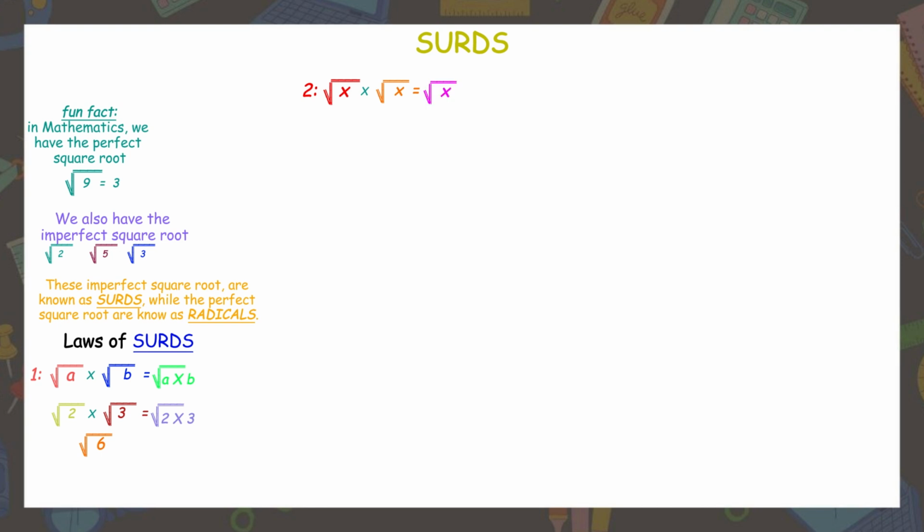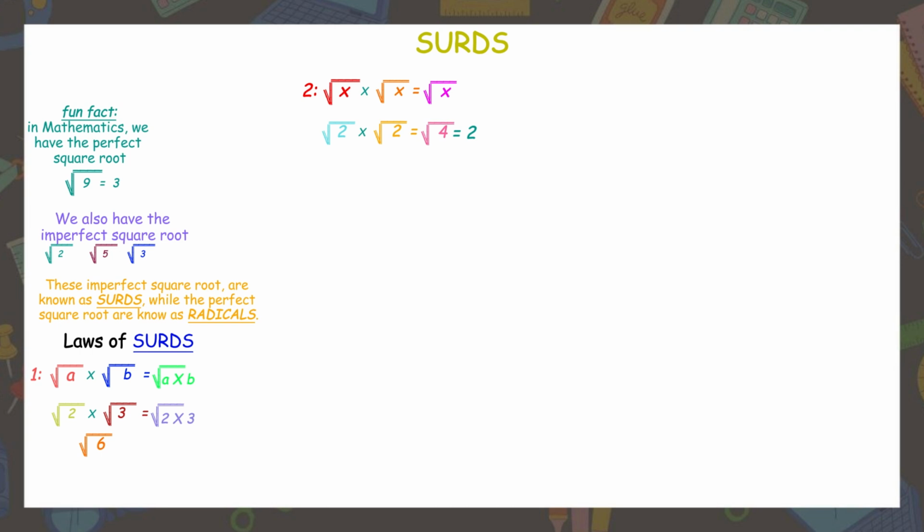For example, when we have root 2 multiplied by root 2, that will give us what? Root 4. And what is root 4? Root 4 is equal to 2. So root 2 times root 2 is equal to 2.